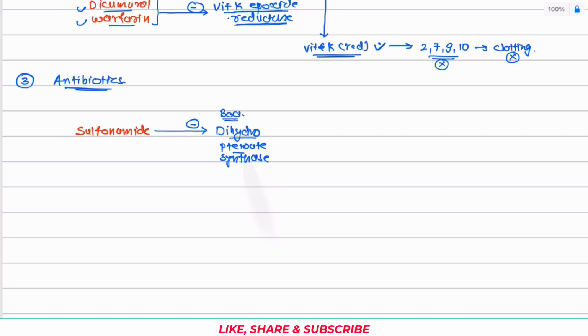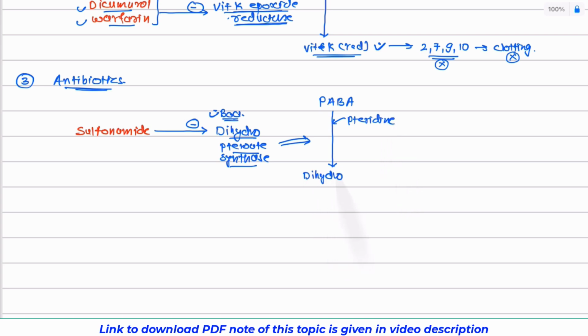This dihydropteroate synthase is only found in the bacteria but not in the human. Now what does this enzyme do? In the bacteria there is para-aminobenzoic acid. This para-aminobenzoic acid, with the help of this dihydropteroate synthase, binds with the pteridine and gets converted to dihydropteroate.